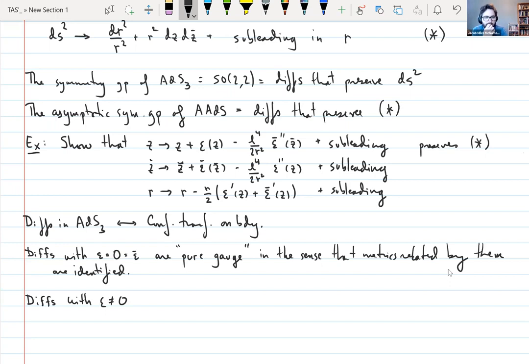Okay, but here is the beautiful observation of Brown and Henneaux, right? Which is that diffeomorphisms with epsilon not equal to 0 are not pure gauge. In particular, the diffeomorphisms with epsilon not equal to 0 generate an algebra of symmetries for the theory. And what is that algebra of symmetries?